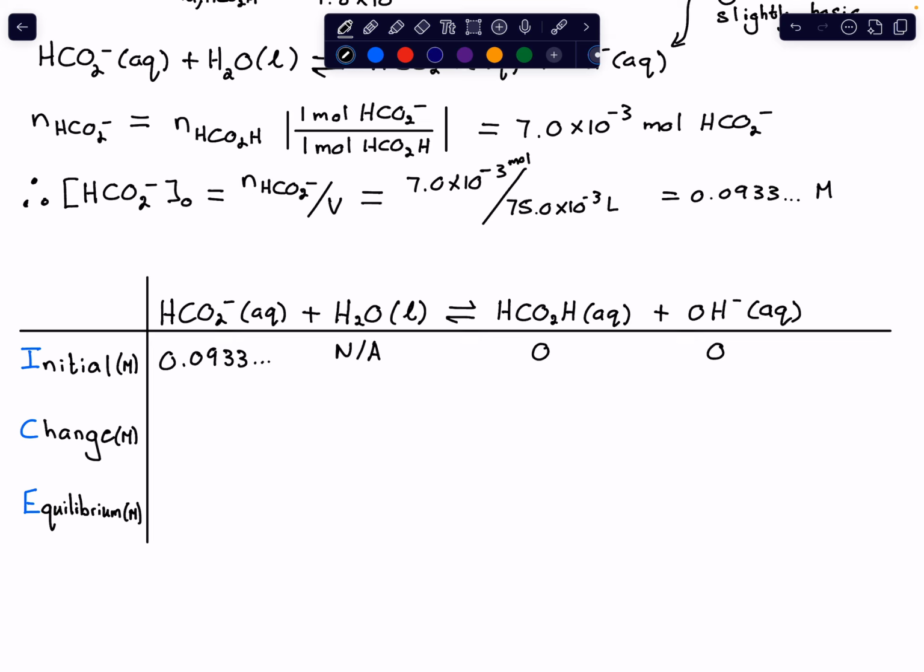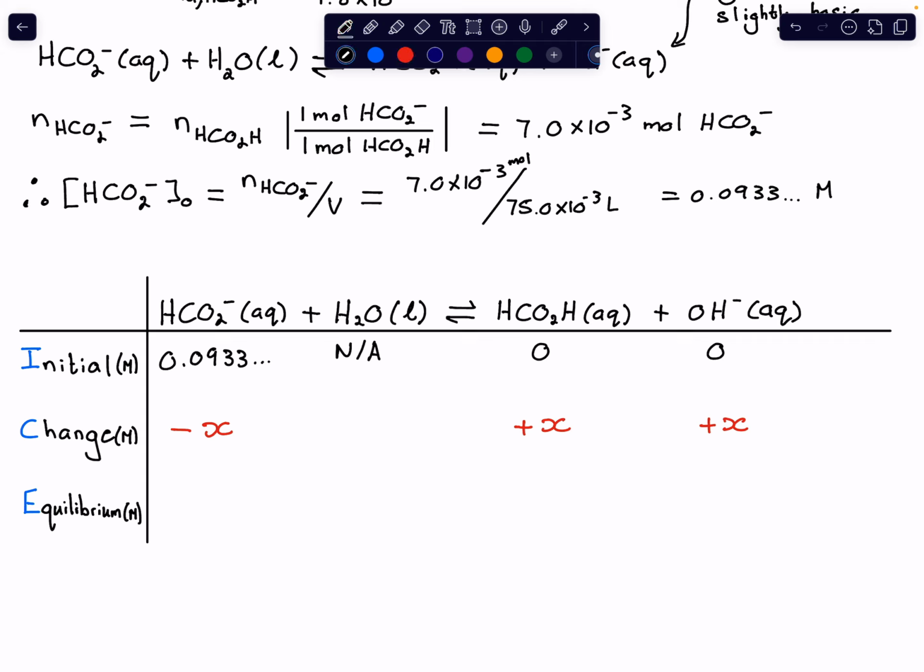Now, to determine the change, to proceed towards equilibrium, we expect the concentration of our reactant to decrease and our product concentrations to increase, right? We can see that from the reaction quotient, which is 0. So that means the forward reaction is favored until we reach equilibrium, right?